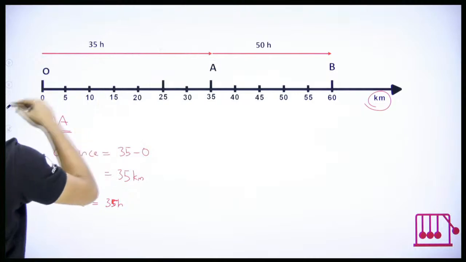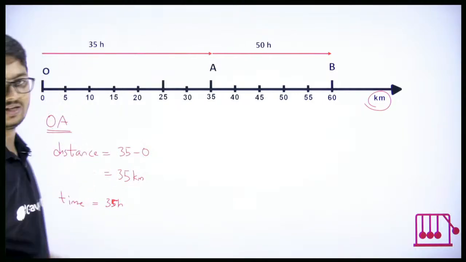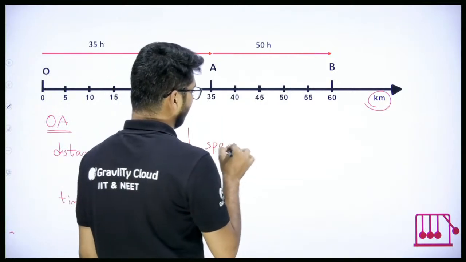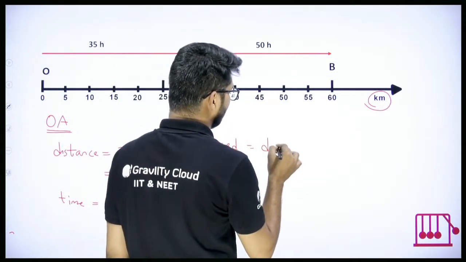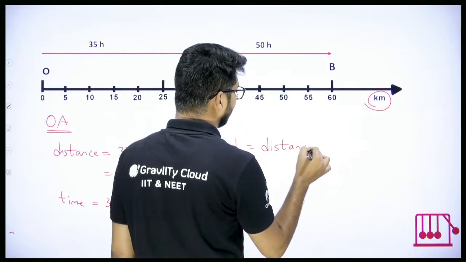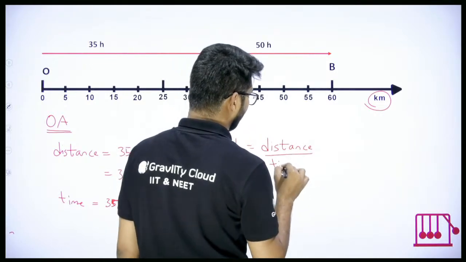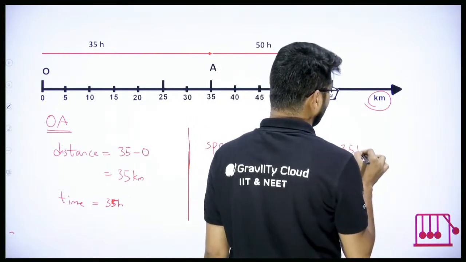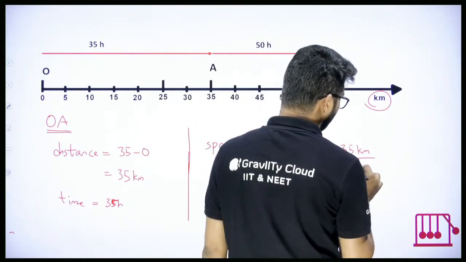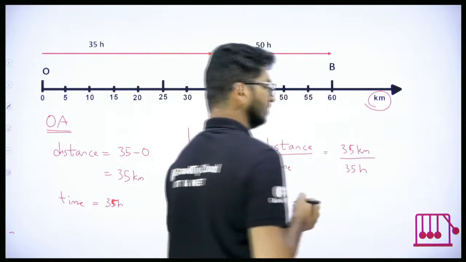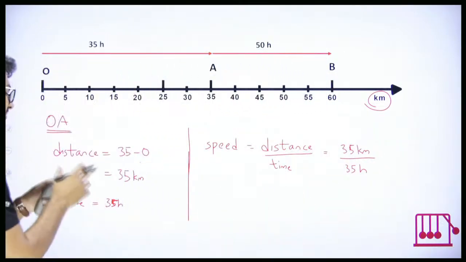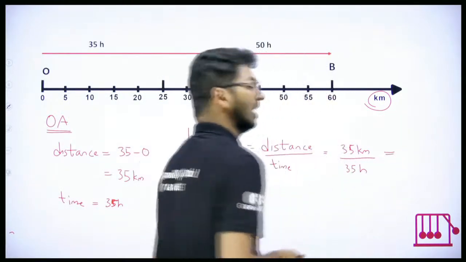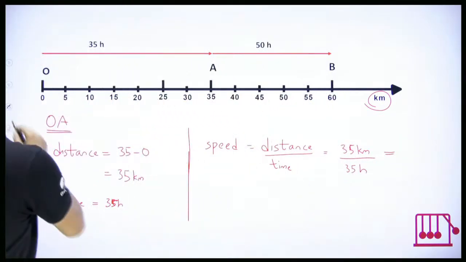So we got all of them. That's wonderful. Now you have distance, you have time. We have to calculate speed. What is speed equal to? Speed is equal to distance by time. So what is distance here? Distance is 35 kilometers. What is time here? 35 hours. 35, 35.